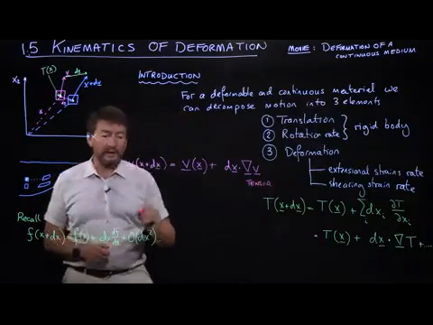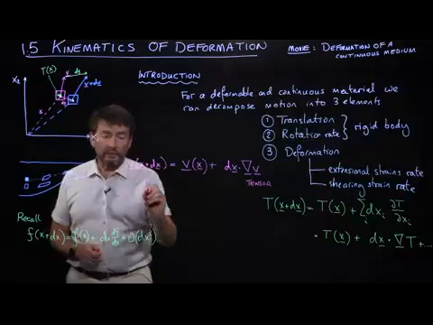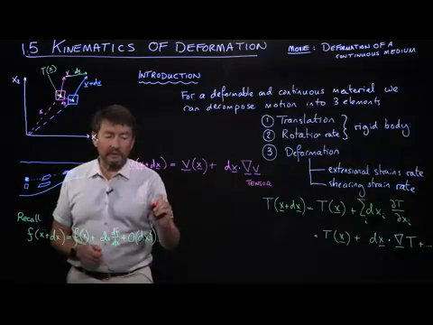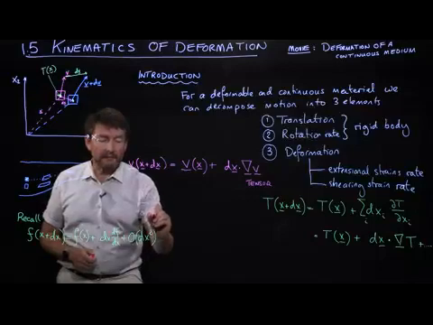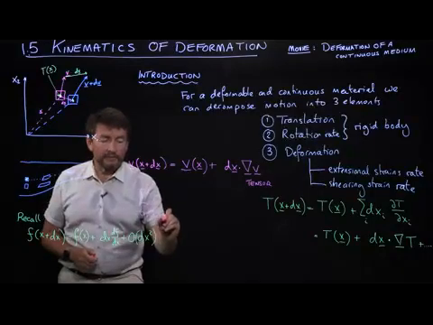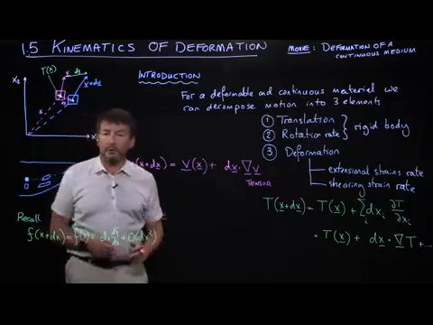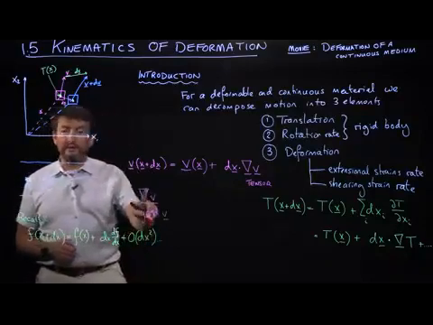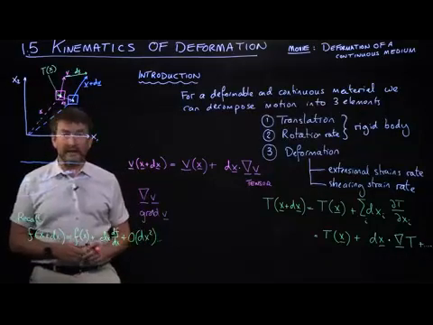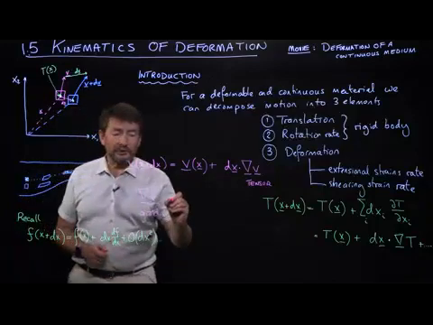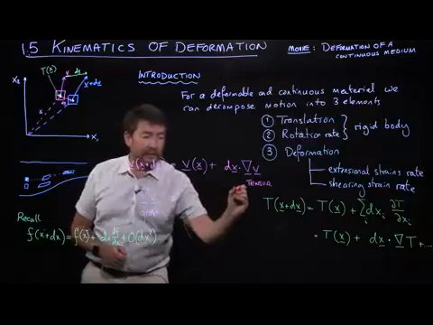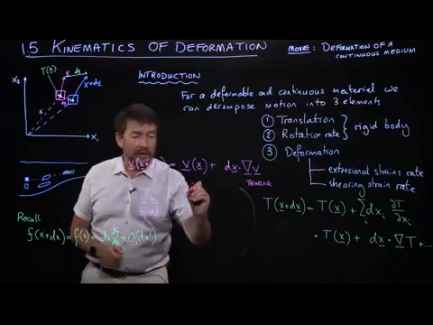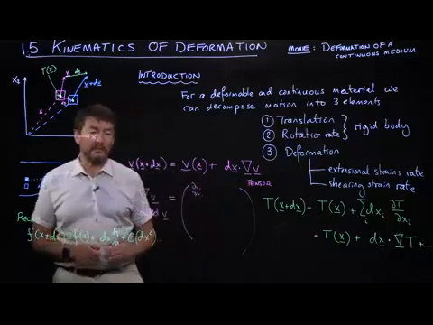And so this tensor, we could say it in words. If we were to express it in words, we'd write it as grad v. But notice that there's no unit operation in here. There's no dot, there's no cross or anything like that. So it doesn't mean take a divergence or that. It means that it's actually going to have a series of components where this would be dv1 by dx1.